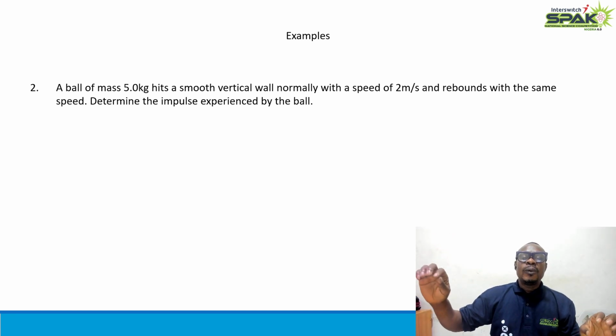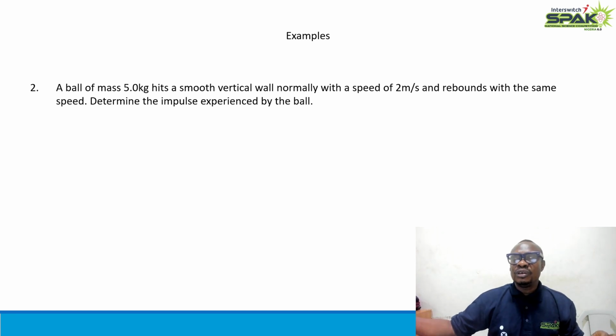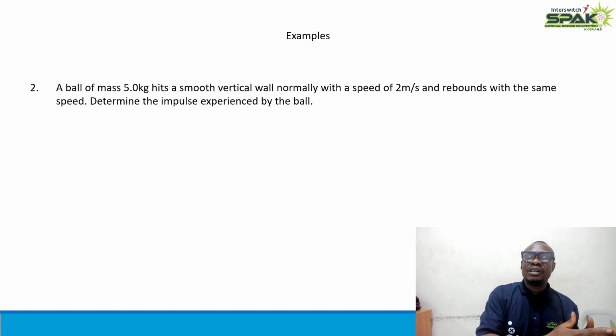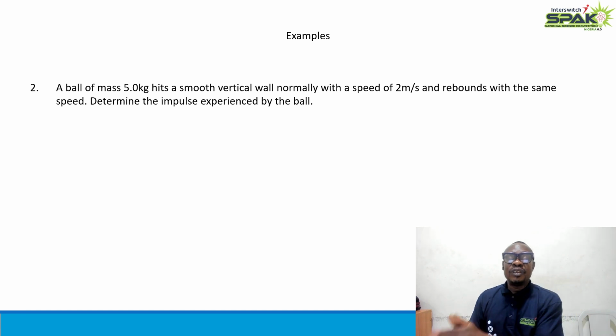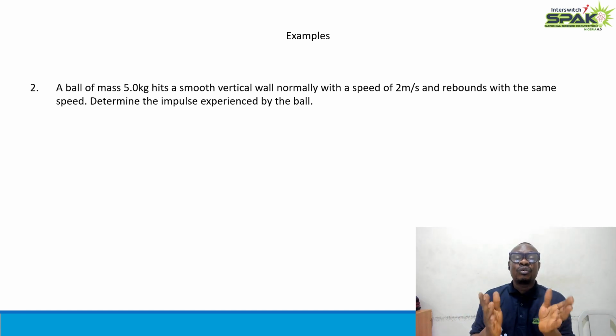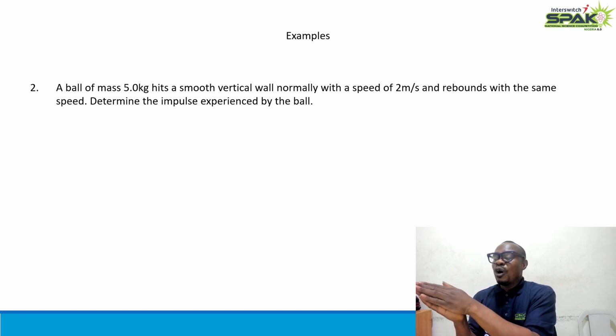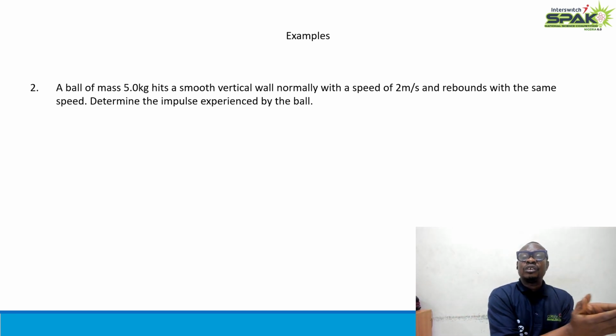So the final velocity, coming in the opposite direction, is negative. So when you take the negative final minus the initial, after solving, in the long run the momentum will take the sign of negative value, telling us that the object is moving in the opposite direction. The momentum is in the opposite direction.